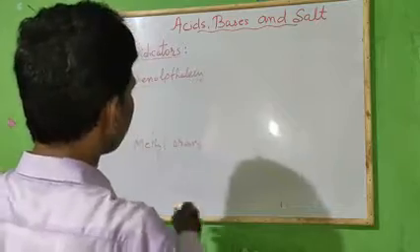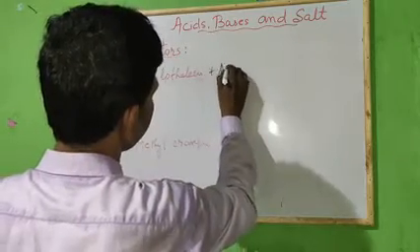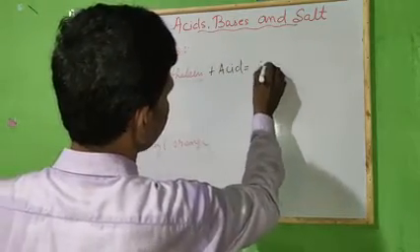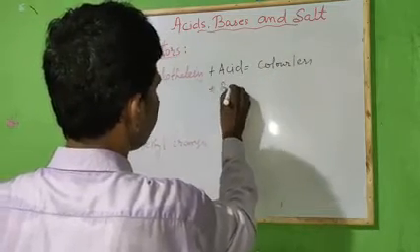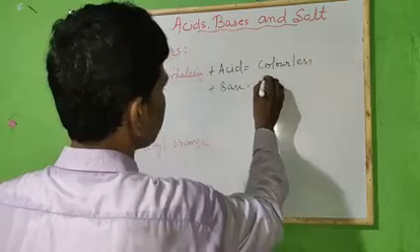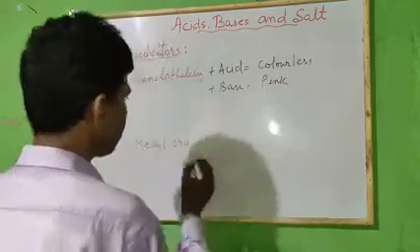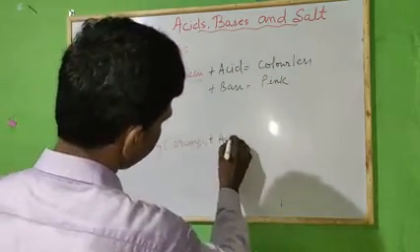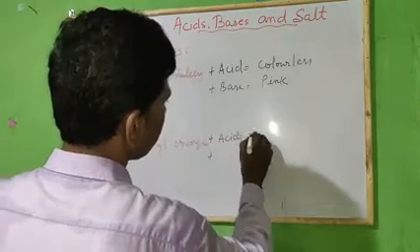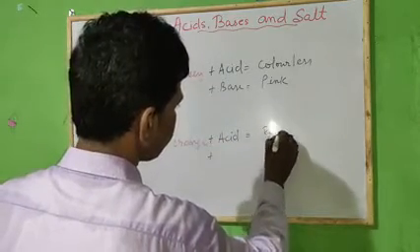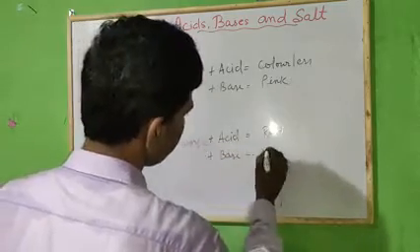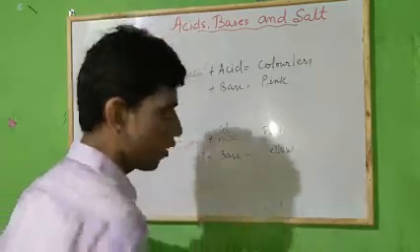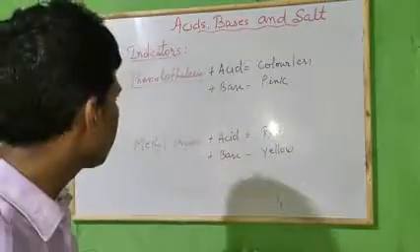Phenolphthalein, when it comes in contact with acid, remains colorless. When it comes in contact with base, it will turn pink. Like this, when methyl orange comes in contact with acid, it will turn red, and when it comes in contact with base, it will form yellow color. So you have to keep this color concept in your mind.